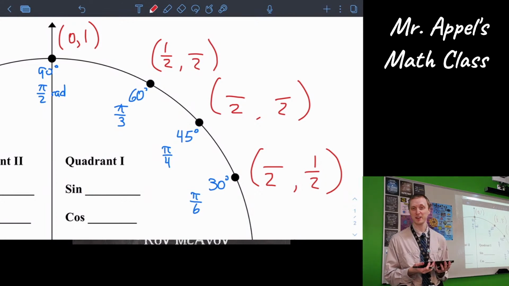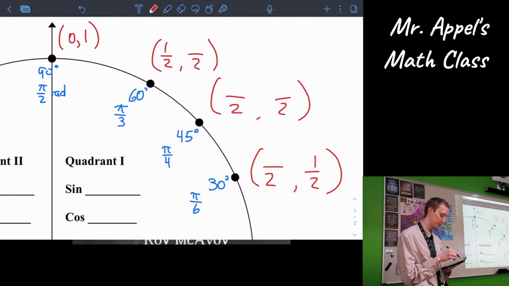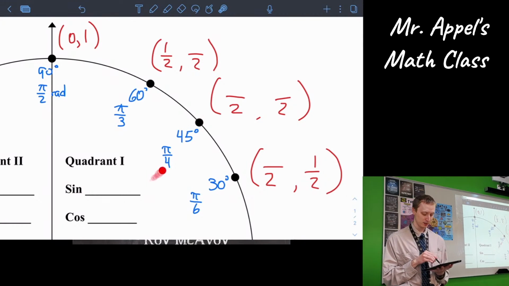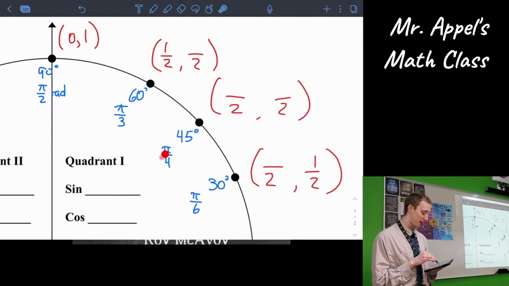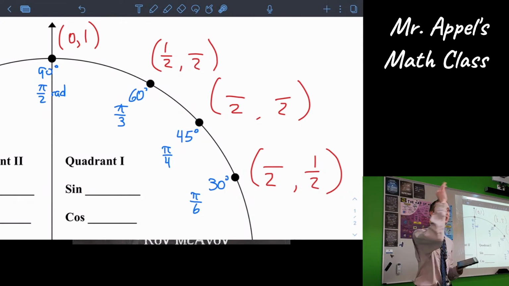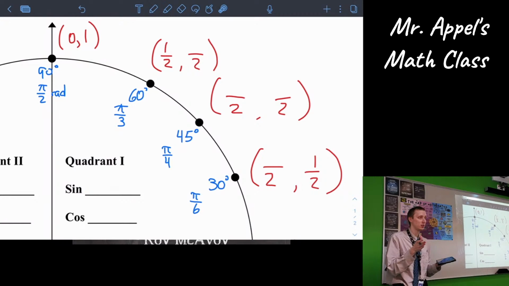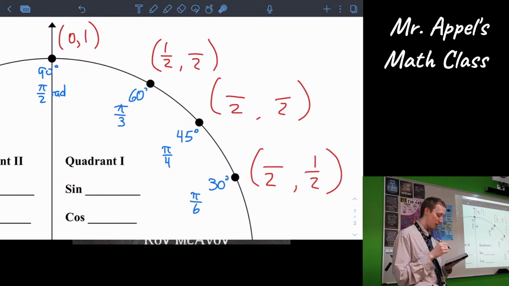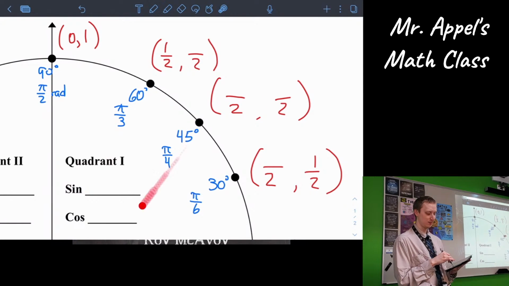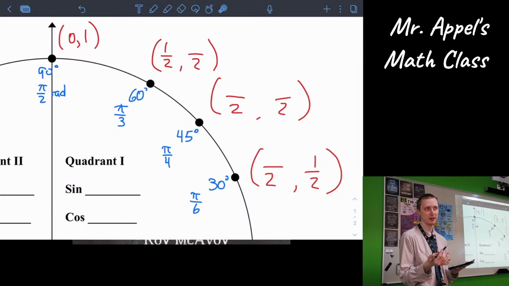Well, this is where my next fact that I've actually remembered comes in. This guy right here, the pi over 4, or the 45 degree, right smack in the middle, the isosceles special right triangle. He's got symmetry going for him, right smack in the middle of the quadrant. So that means not only are the x and y values exactly equal to each other, we can see that, it's on the diagonal, we know x is equal to y there.